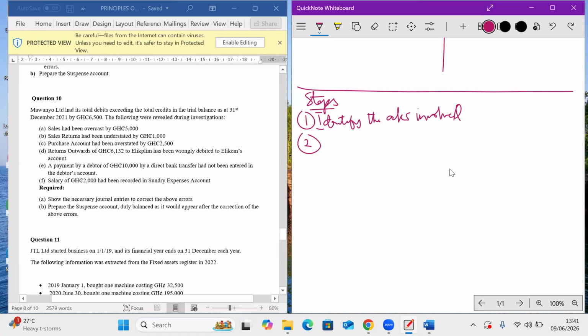So identify the accounts involved. Step 2, record the entries per the transaction. What does the transaction say the entries were? So just record it as it is. Step 3, identify the accounts with error.